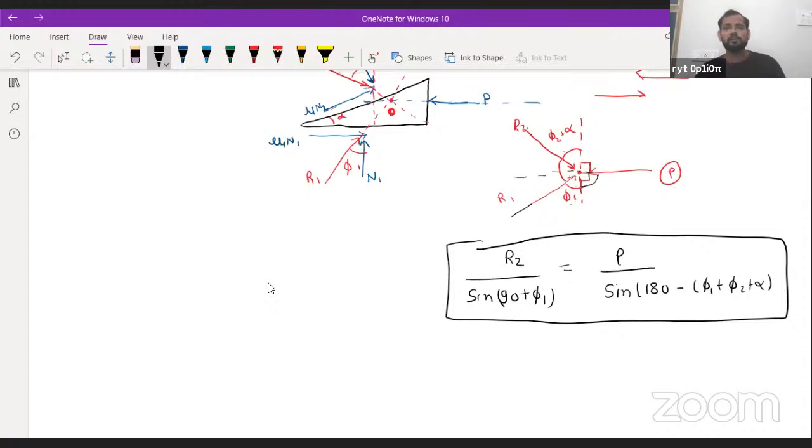Fine. So right now I'm taking one example on this concept, and after that we will start the new application part of friction. Is it okay? Are you interested to solve the problem?